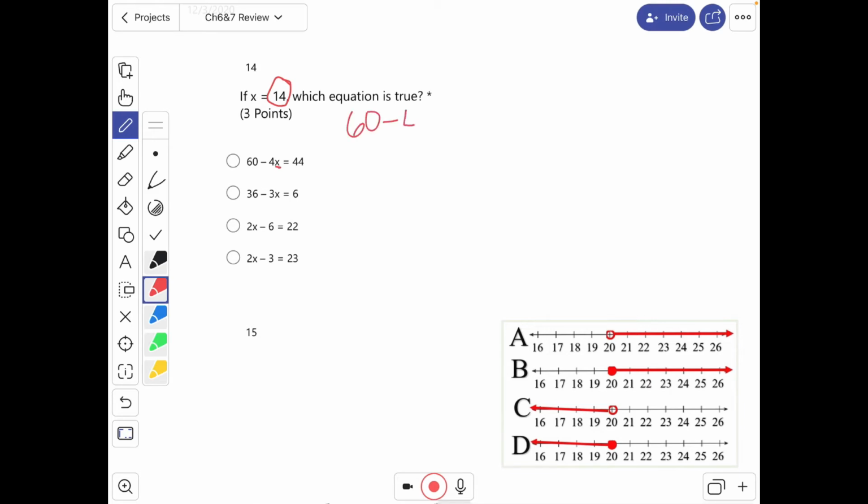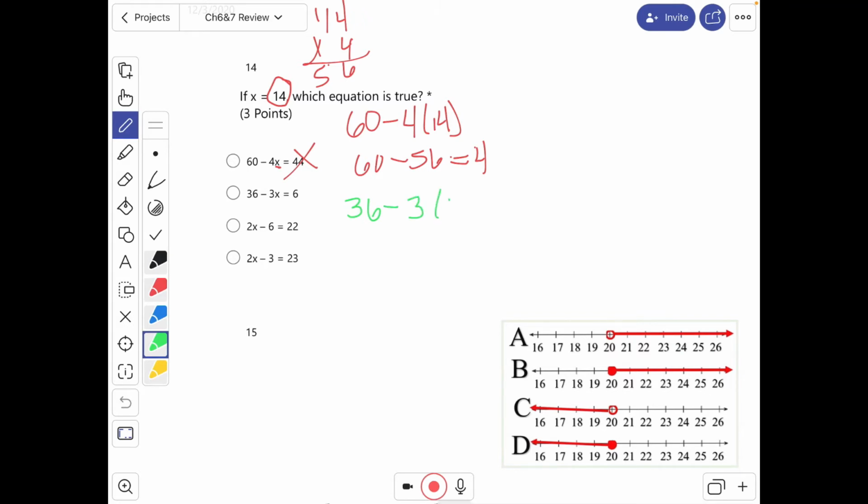So let's do it that way. 60 minus 4 times 14. 14 times 4 is 56. So 60 minus 56 would be 4, which is not what they got. The next one would be 36 minus 3 times 14.